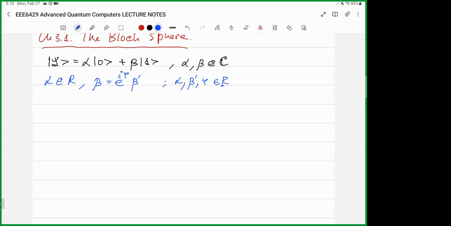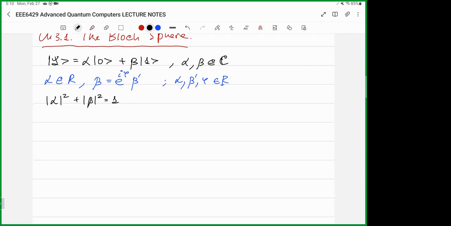And on top of that, we have to take into account that we normalize this state of the qubit. I just remind you what that means. It means that the probability of finding the qubit in the 0 state plus the probability of finding it in the state 1 is supposed to be equal to 1, right?